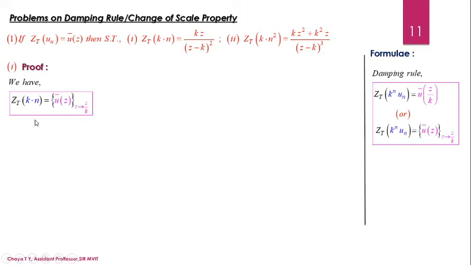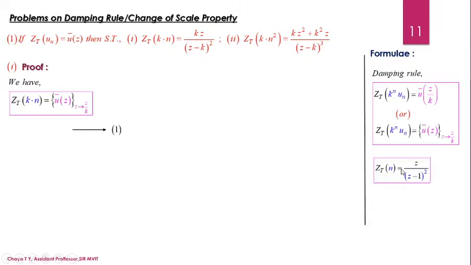So what is the first step? I have to find the RHS expression u bar of z. How to find the same? For that, find the Z transformation of n. We are going to first call this equation 1. Then we consider the Z transformation of n as z divided by (z minus 1) whole square. This is the Z transformation of a standard function which we have proved in the previous classes, so we are going to take it directly.